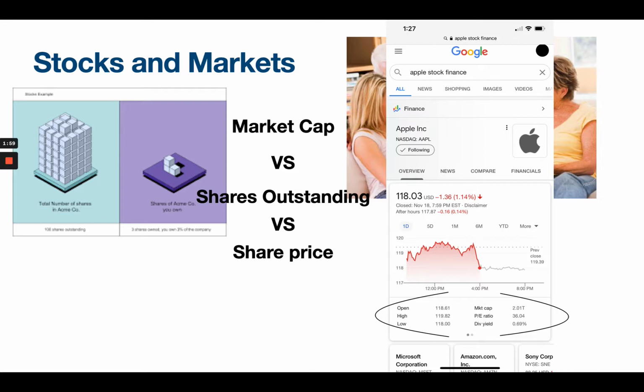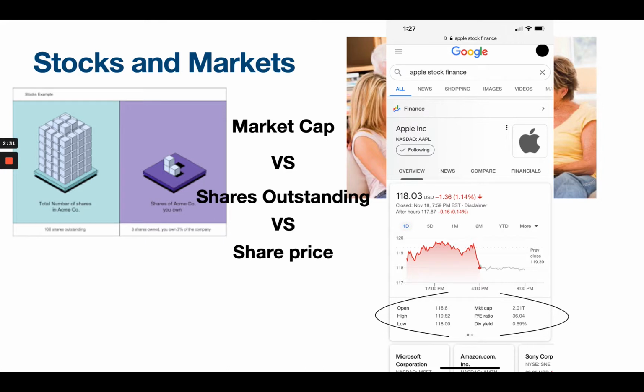We can go quickly. Below market cap, you have the PE ratio, which is your price to earnings ratio. That is something you need to look at if you're going to research stocks, but we're going to gloss over it now. Dividend yield, we'll go over that later. On the other side, you have open, high, low. Open stands for what the share price was when the market opened for that day.